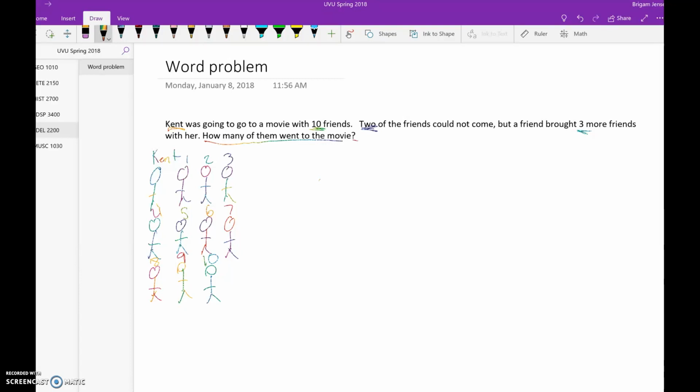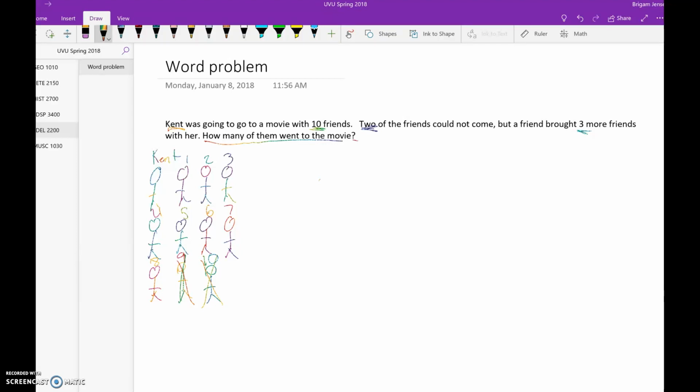Now, 2 friends could not come. Man, so number 10 can't come and number 9 can't come. So now we're at Kent with 8 friends.